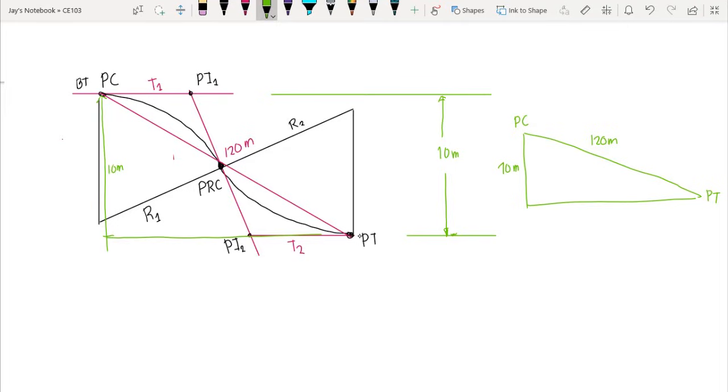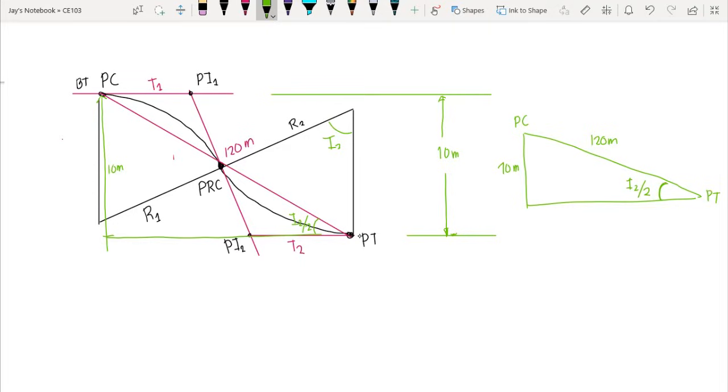So we would compute the value of our angle here. Now, since we know that this one is the angle of intersection 2, therefore the angle here is I2 over 2, correct? So we have I2 over 2 on this area here.